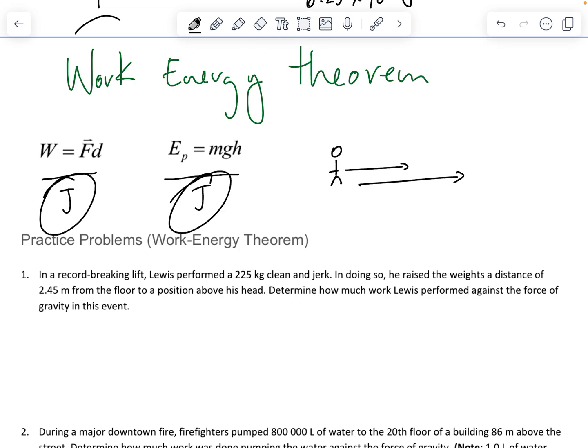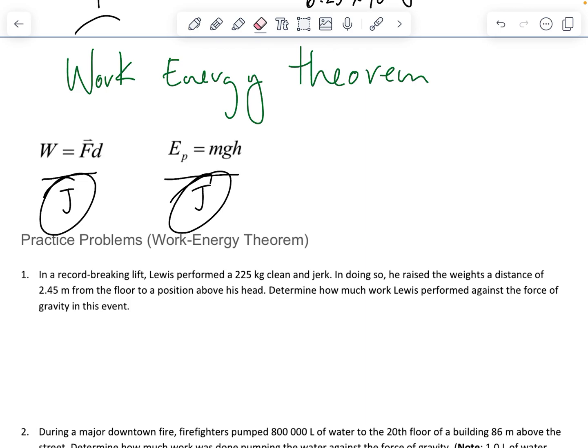And that change in energy between their starting energy and their final energy would be the work that the person pushed them with, right? So the idea of the work-energy theorem is that a change in energy could be caused by work done on somebody.